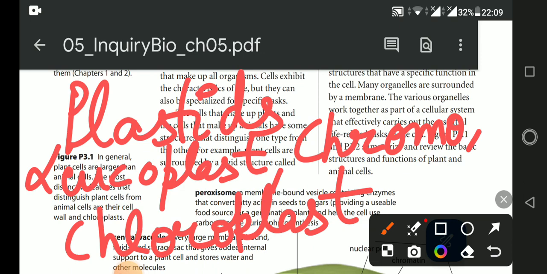When the tomato is quite young, it is green in color, but as it matures, it turns red. Now, why this happens? Because as the tomato matures, the chloroplast changes into chromoplast. Chloroplast is green in color and chromoplast is colorful.